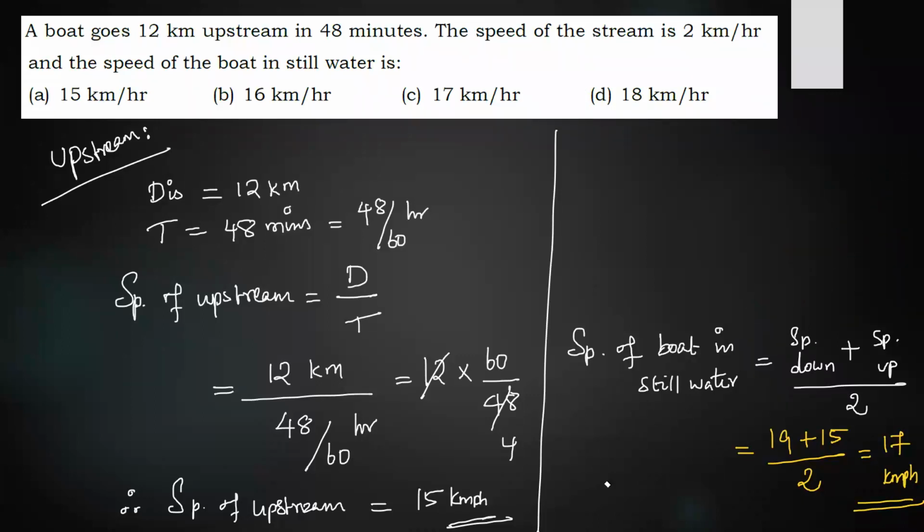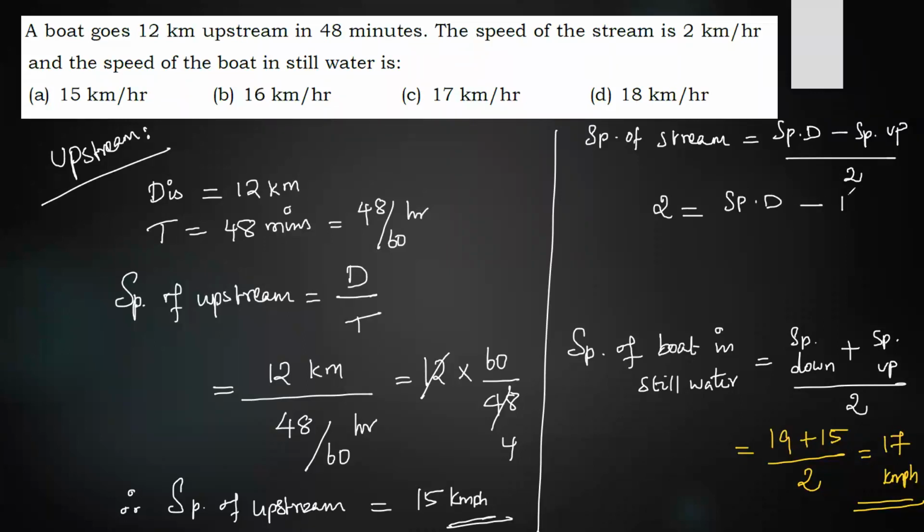Yes, Maheshwari, I'll clear this one. We know the speed of the stream formula, right? What is the formula for the speed of stream? Downstream minus upstream divided by 2. That is the speed of the stream, and we know the speed of the stream value. So the speed of stream equals (speed of down minus speed of up) divided by 2.